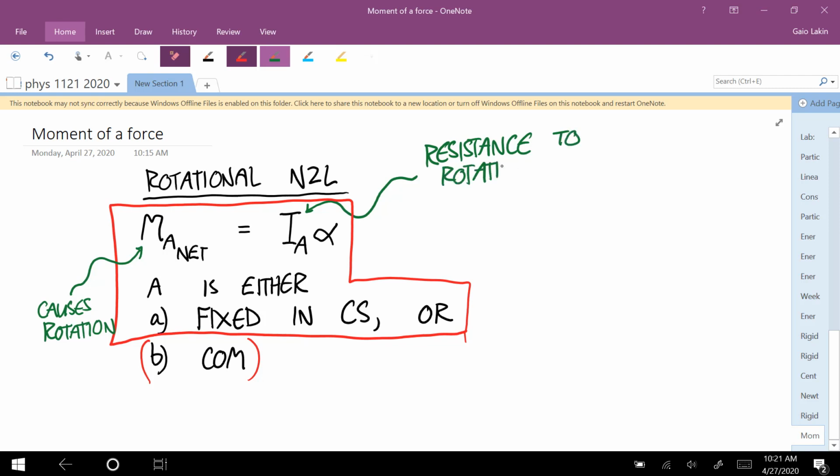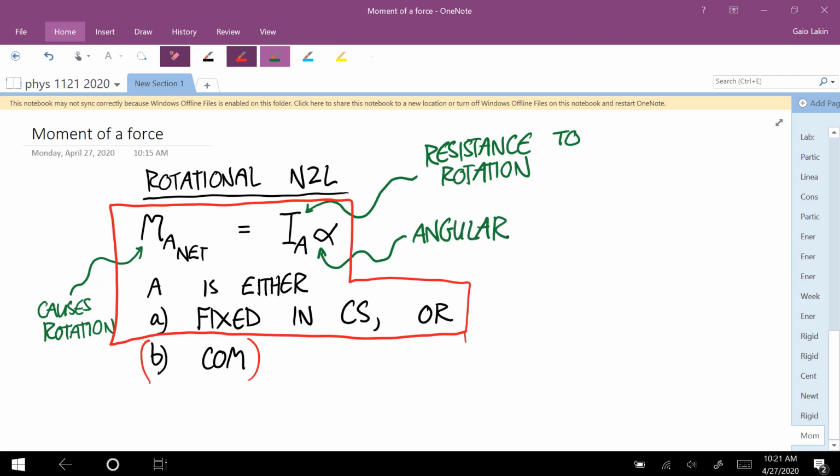And I want you to think of that as just the rotational version of mass. It's not the same thing as mass, you measure it differently, but it resists changes in rotation the same way that in Newton's second law, the mass is a resistance of the body to changes in velocity. And then this is the angular acceleration.